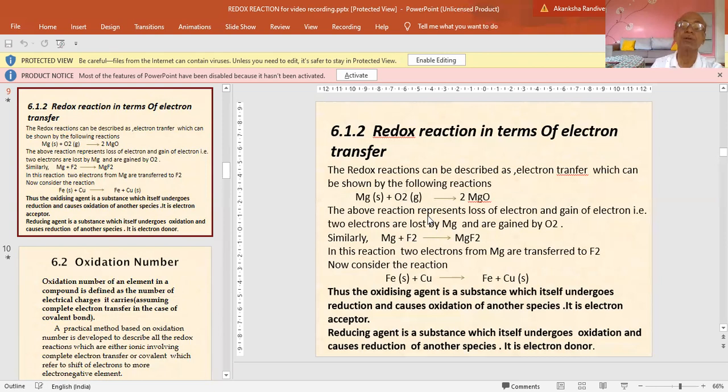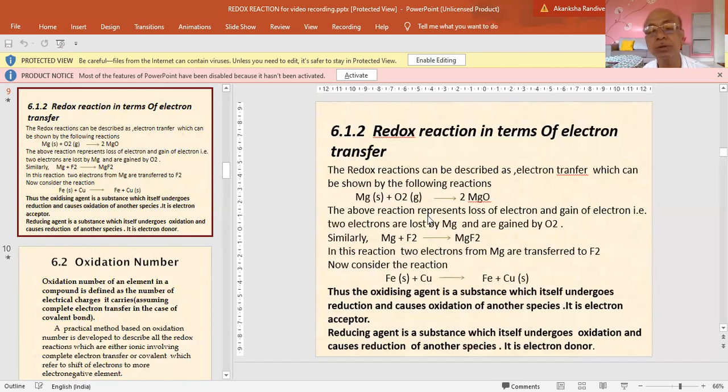So the oxidizing agent itself undergoes reduction. Therefore, the oxidizing agent is an electron acceptor. And the opposite is the case for the reducing agent. That is, a reducing agent is a substance which itself undergoes oxidation and causes reduction of another species. And thus, the reducing agent or the reductant is an electron donor.